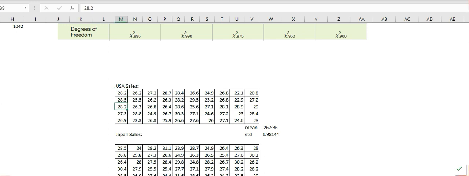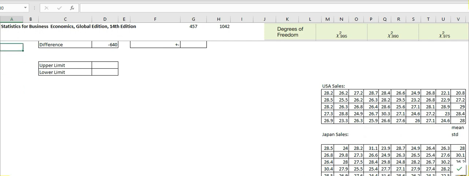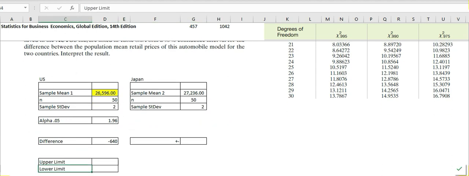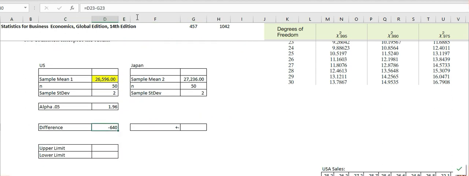So, for example, this 28.2 is equivalent to 28,200 dollars. That's the price. So we just converted it to thousands of dollars, and the difference of that is 640.